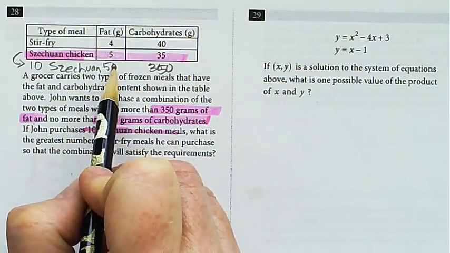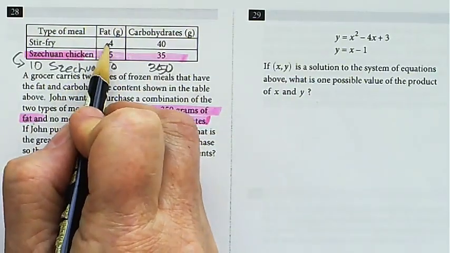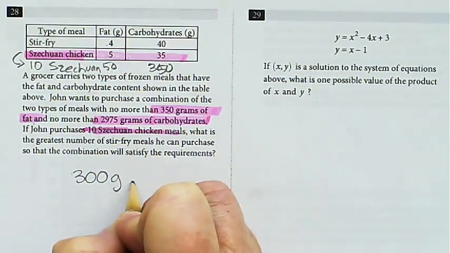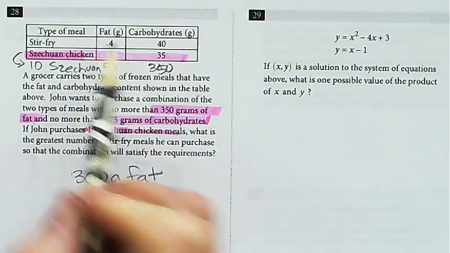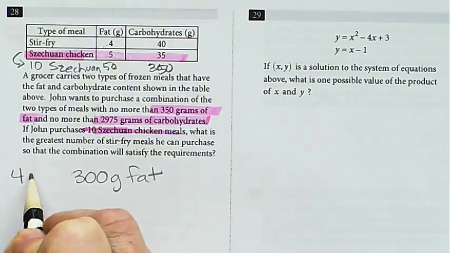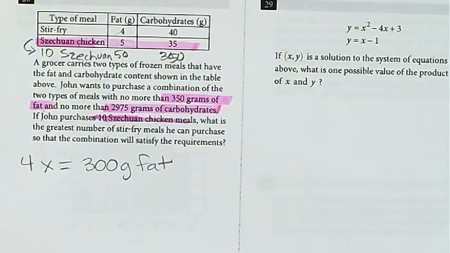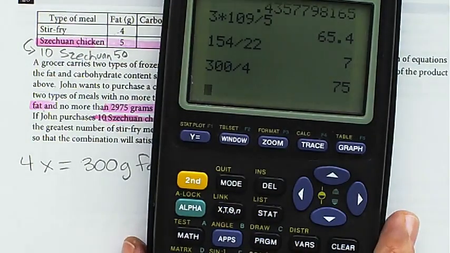Well, he's already getting 50 grams of fat with the 10 Szechuan meals, so that means the stir fry, he can only have 300 grams of fat. And each stir fry meal has 4 grams of fat. So 4 times how many meals is 300 grams of fat. So 300 divided by 4 is 75.